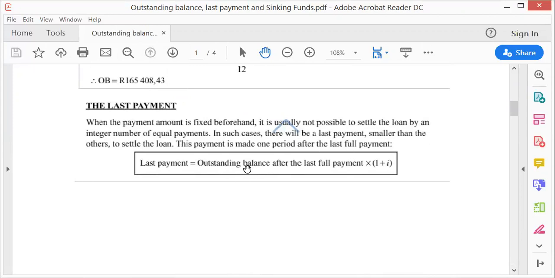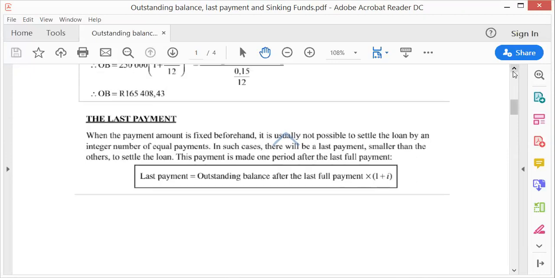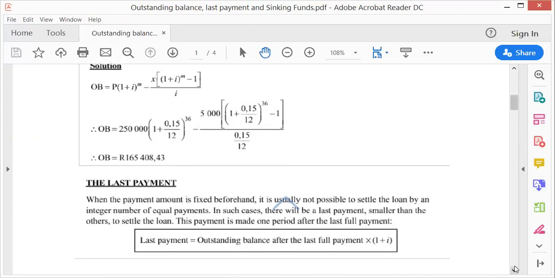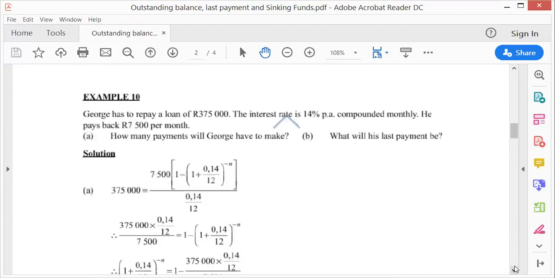So what you do is you take the outstanding balance and you multiply it with 1 plus i. Okay, guys. So you take this OB here and multiply it with 1 plus i. 1 plus i is this 1 plus 0,15 over 12. You can do it on your own, guys. Just quickly do it, and then you will get that last payment. I haven't got it on this lesson yet.